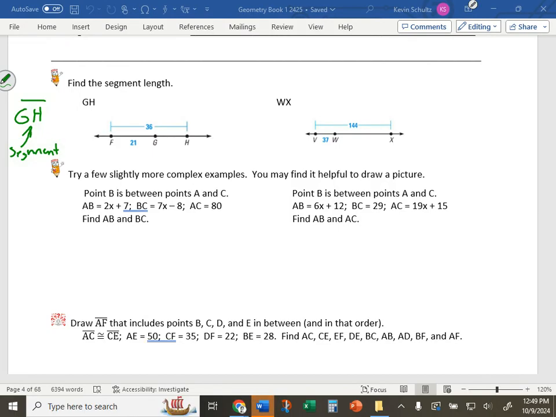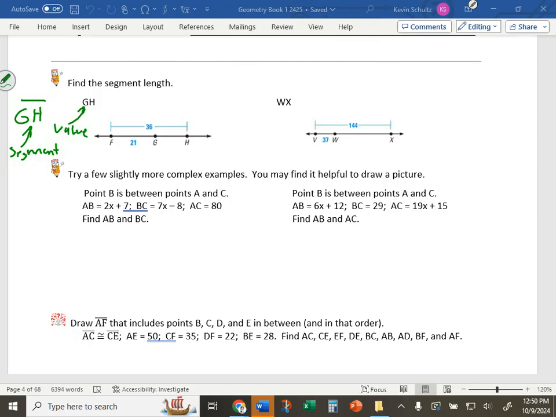You see it without the bar over it, it still means segment GH, but it means the value of it. Again, notation is very important. You have the segment, the thing, and you have the value of it. I'm holding a $20 bill, the value is $20. A little bit of a difference there. So, in this first one, we see that F to G is 21.